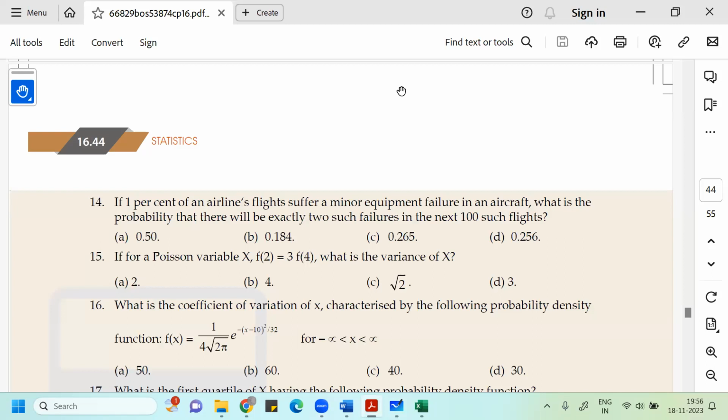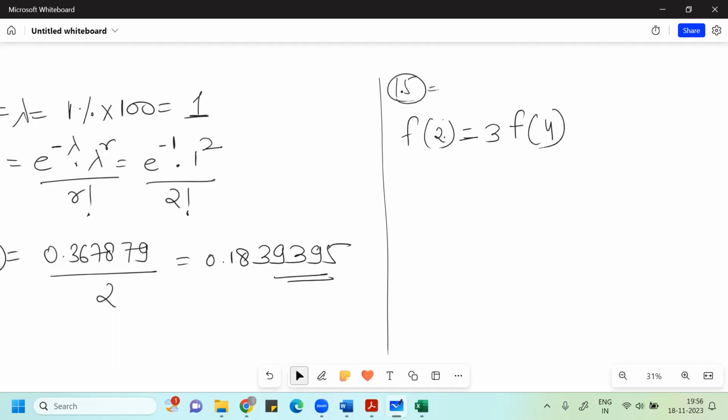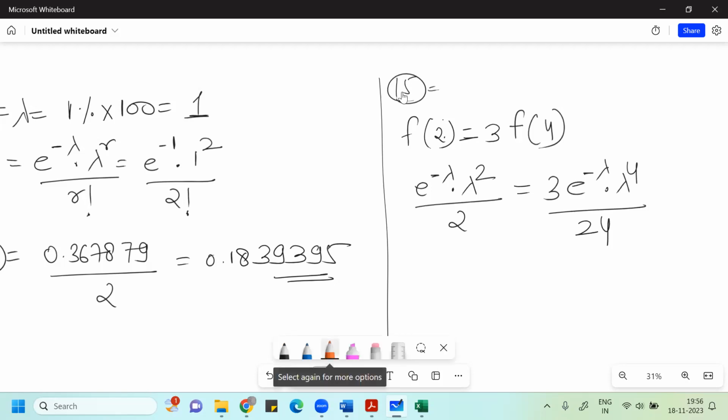Yeah, 2 is equal to 3 times of 4. So this is e to the power minus lambda into lambda square by 2 factorial is 3 into e to the power minus lambda into lambda to the power 4 by 4 factorial. Can I write directly 24 if you have no problem? So this and this get cancelled. This is lambda square. This is 12. So your lambda square is 12.